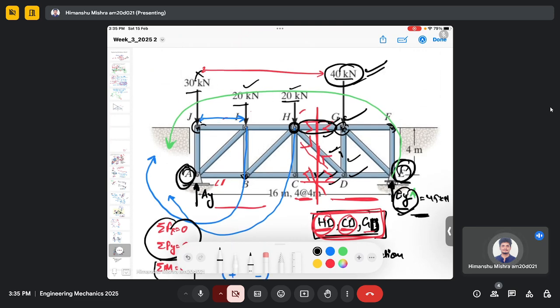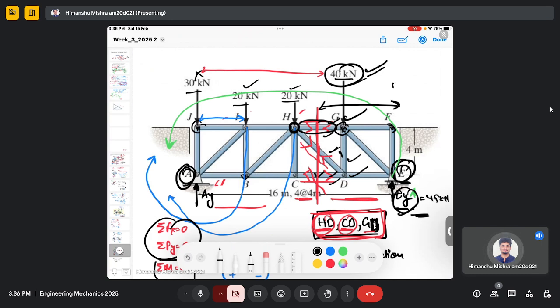and the 40 kilonewton force. So here I'm only interested in the right side of the truss because I made a cut. Now you have to choose which section you are interested in. You can take moment about any point: A, J, I, H, C, B, G, F, D. But you have to choose the section.